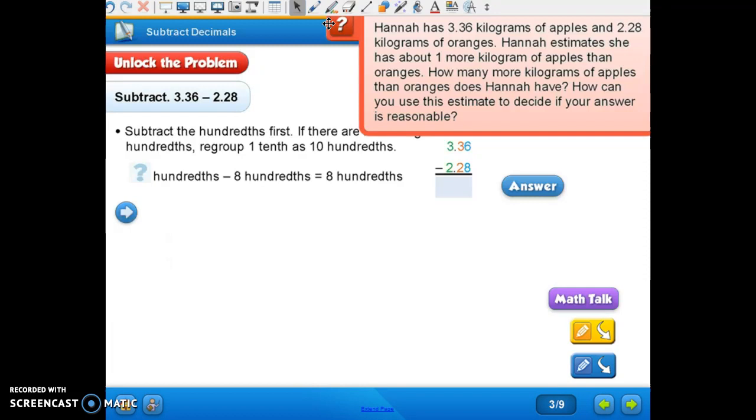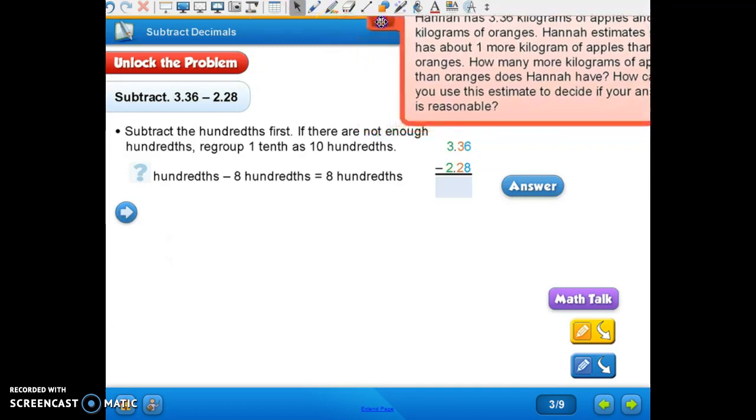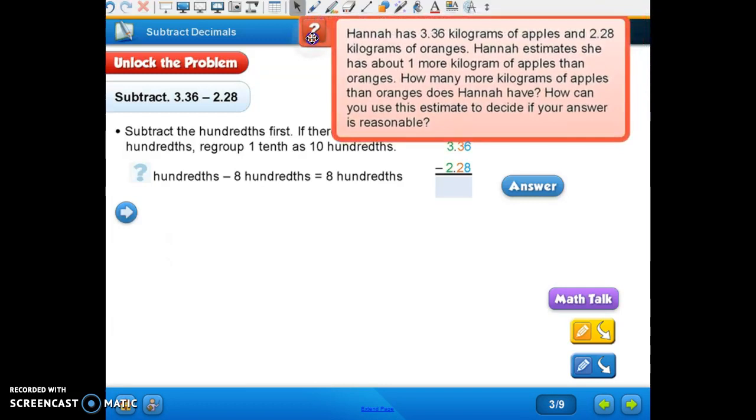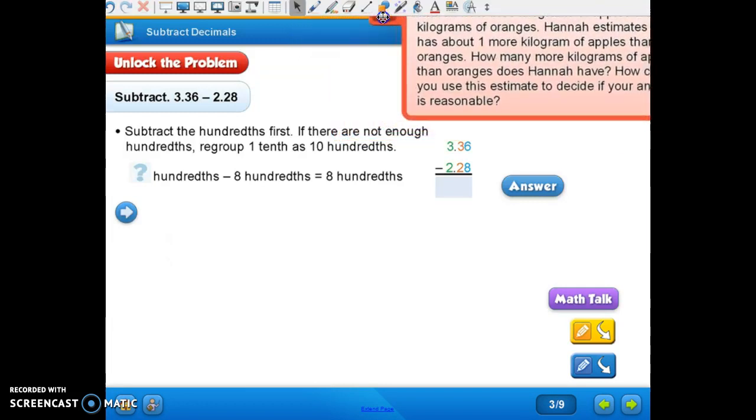How do we know that? If the estimate is close to your answer. Okay, so that's something you need to check out. What does she estimate? That it is 1 more kilogram of apples than oranges.